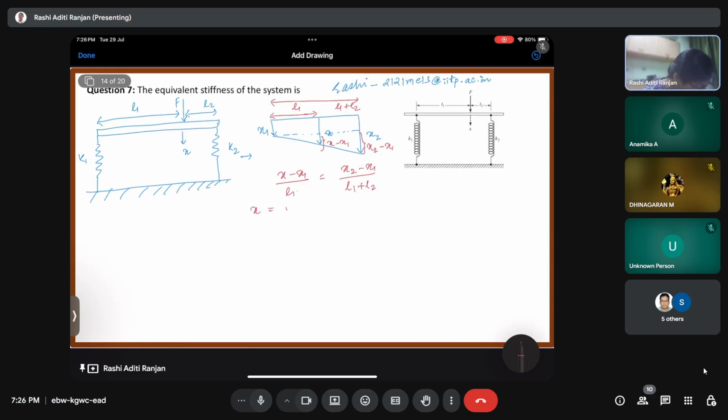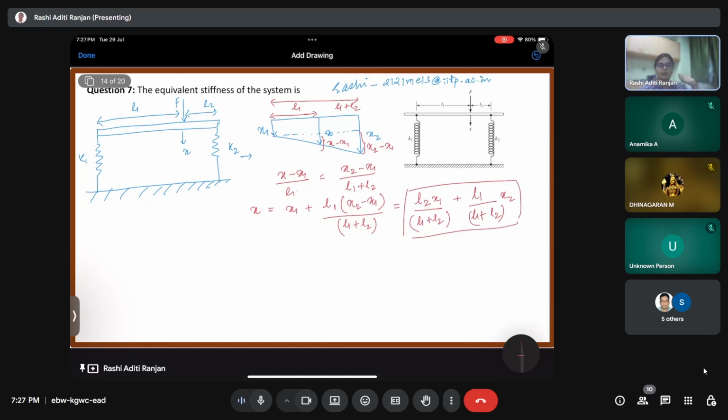This will give x equals x1 plus L1 (x2 minus x1) divided by L1 plus L2. If we break the bracket, we are going to get L2 by (L1 plus L2) into x1 plus L1 by (L1 plus L2) into x2. This relation we are going to use further. For now, this is the relation where we can write x in terms of x1 and x2.